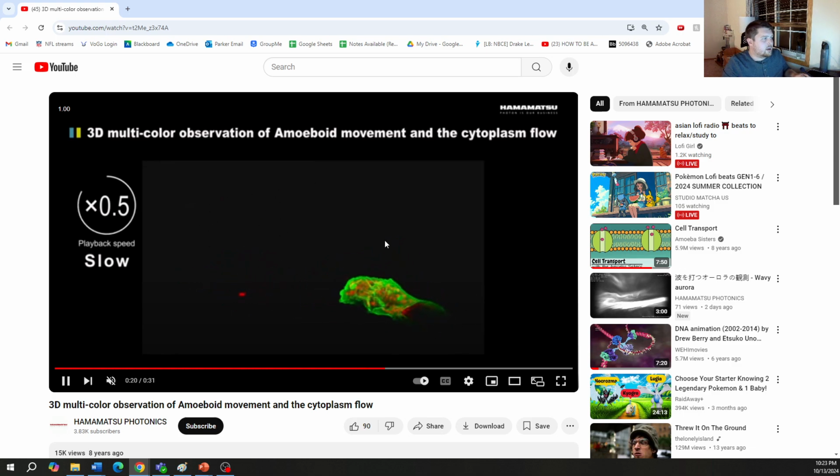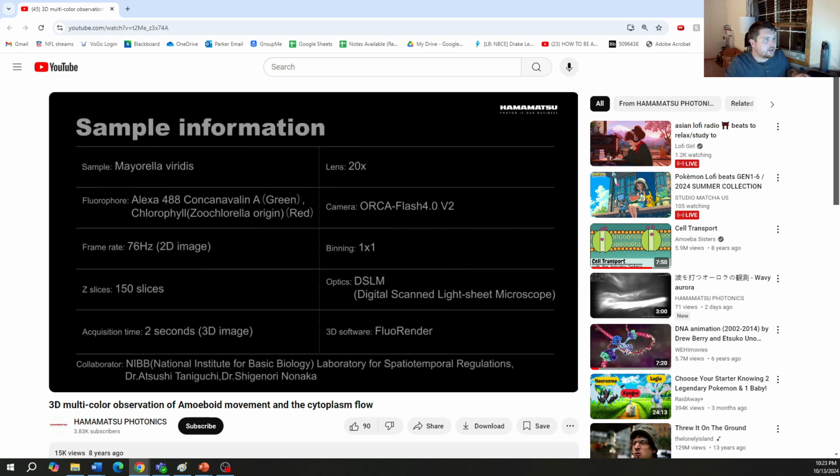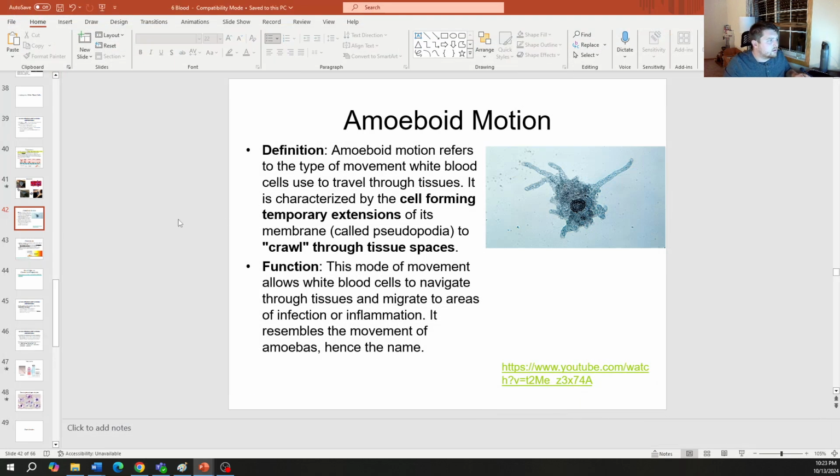This is what amoeboid movement looks like. Again, you don't need to know all the details. I find it's much easier to understand something and answer questions about it if we know what it actually is instead of just knowing the word.